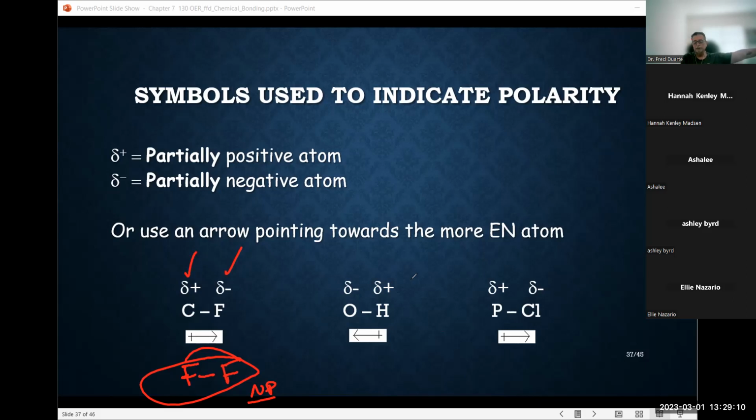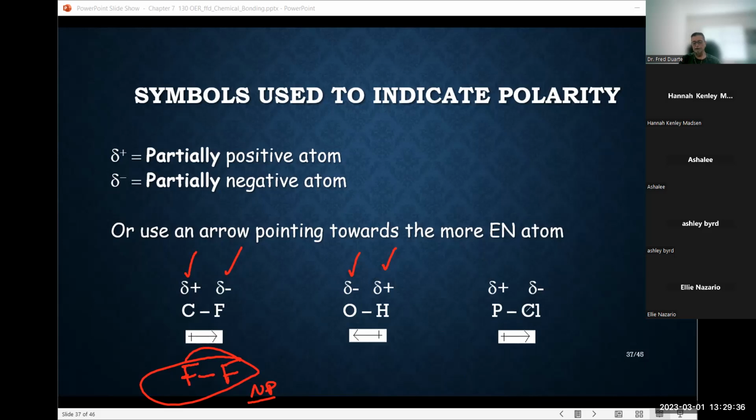Hydrogen's on the far left of the periodic table. So that in itself tells you that oxygen is a lot more electronegative. Therefore, the tug of war favors the oxygen. And therefore, the arrow goes, in this case, from right to left, giving you a partial negative on the oxygen and a partial positive on the hydrogen.